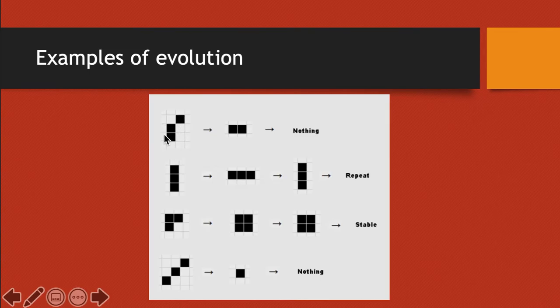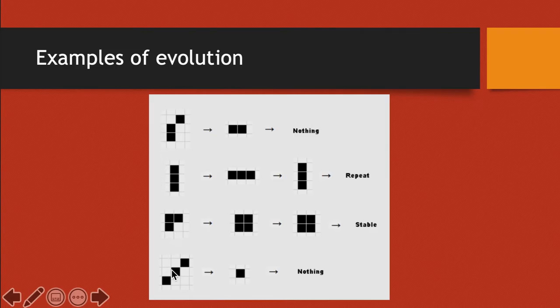For the third cell here, only one cell is present, which means this cell will die. For the cell here, there are 3 cells present, so this cell will be reproduced and this will be the state. After this state, no change will happen. This is called one cycle of evolution.